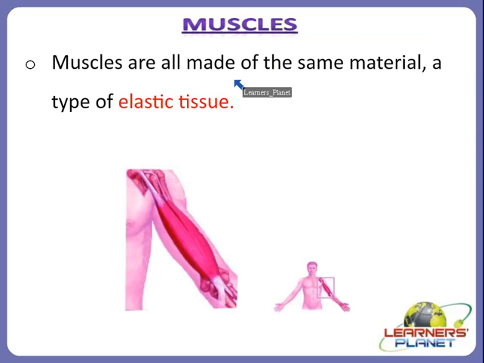Yes, muscles are all made of the same material. That is a type of elastic tissue. You can see here in this picture, this is a type of elastic tissue, and these are the muscles. And all muscles appear the same, right? Because they are made up of the same material. Do you know, children, that we have more than 600 muscles in our body?